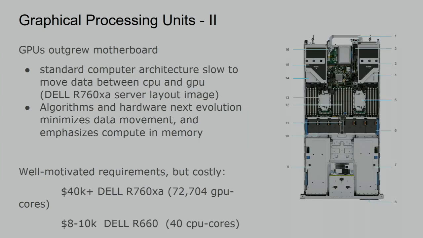Okay, so the modern graphical processing unit really can't live next to a central processing unit anymore. The large rectangles at the bottom of this image house GPU cards. They've grown very large.